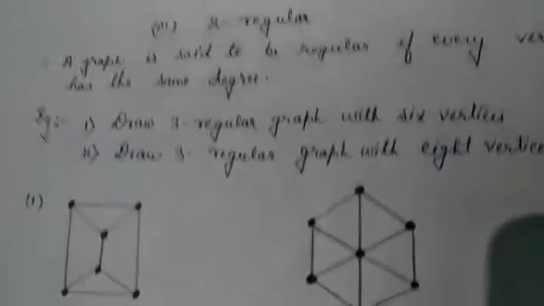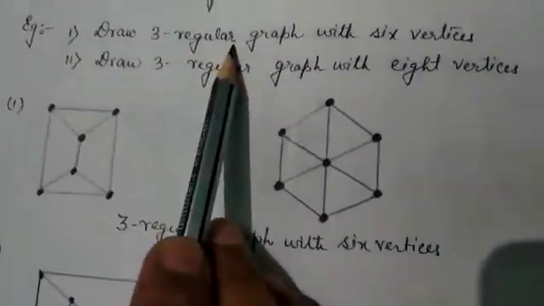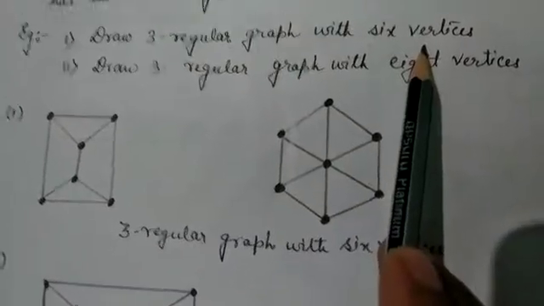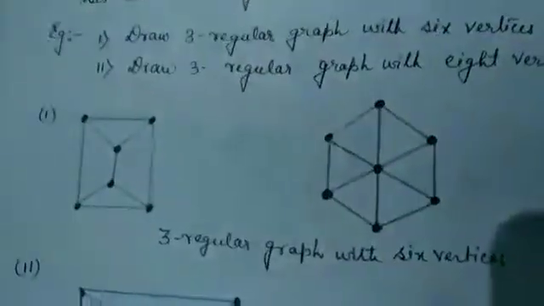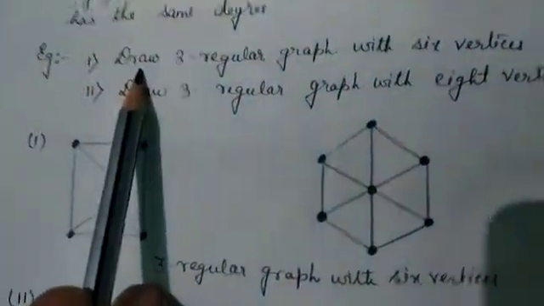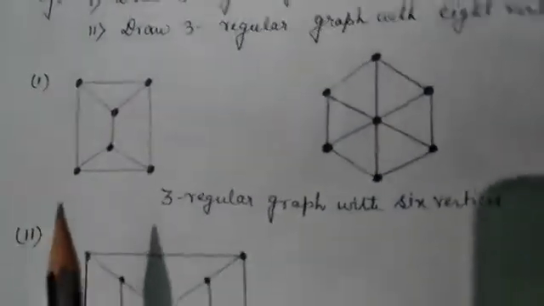Now let us go through a few examples. Draw a 3 regular graph with 6 vertices. Right now we have drawn 0 regular, 1 regular, 2 regular. Now we have to draw a 3 regular graph with 6 vertices. So you can see the graph here.